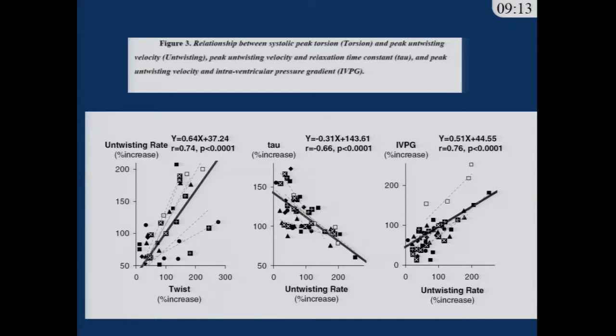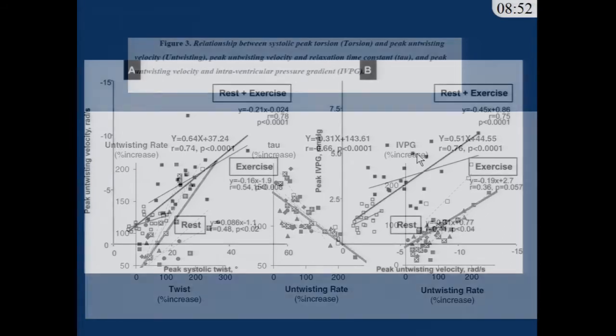So systole is controlling early diastole. It's a very important concept that the systole is actually determining early diastole. The untwisting rate also relates very strongly to the interventricular pressure gradient, which is causing the suction, the blood to come in to the heart.